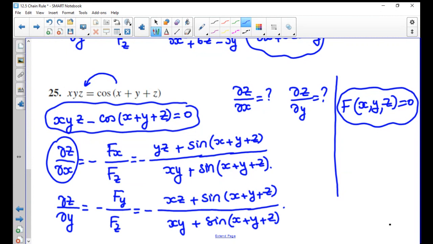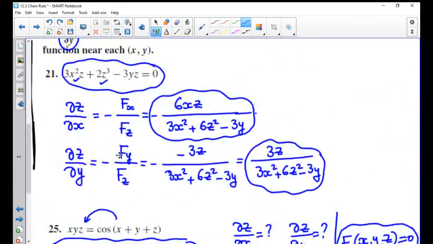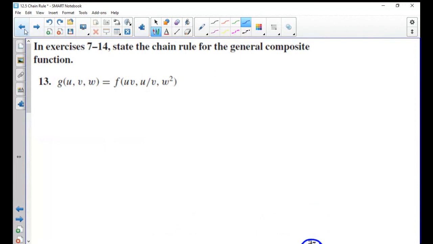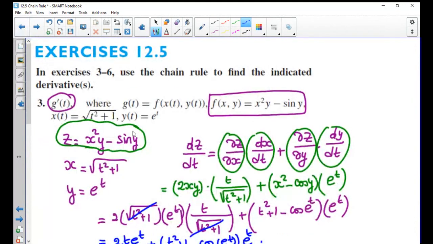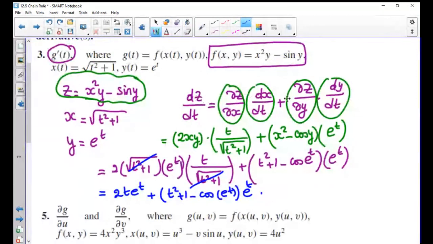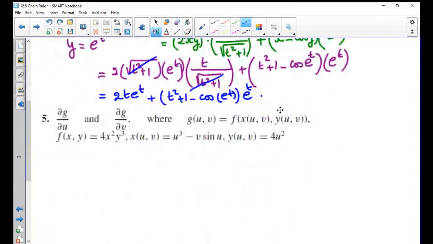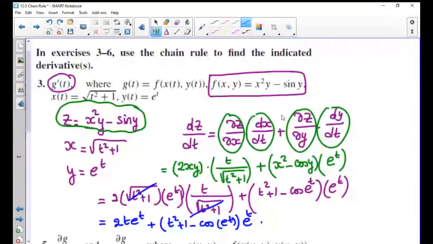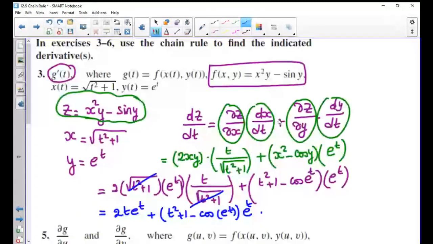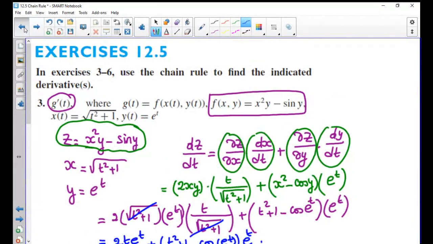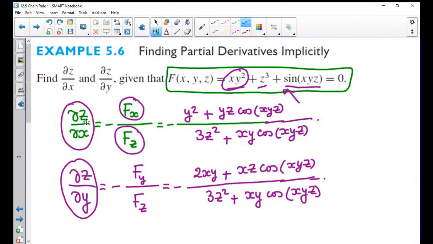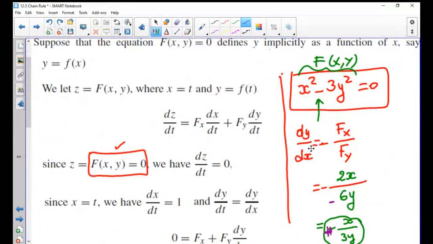Two major ideas here. The chain rule, which we had a look at, with one variable t or possibly two variables, and the implicit differentiation, which is finding dz over dx, dz over dy, or possibly dy over dx if you just have two variables like this.